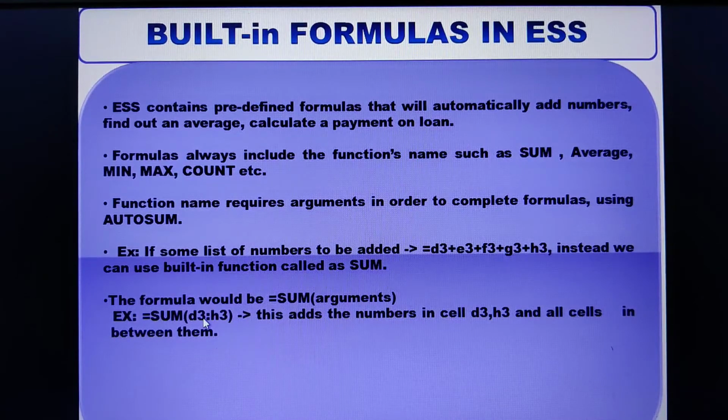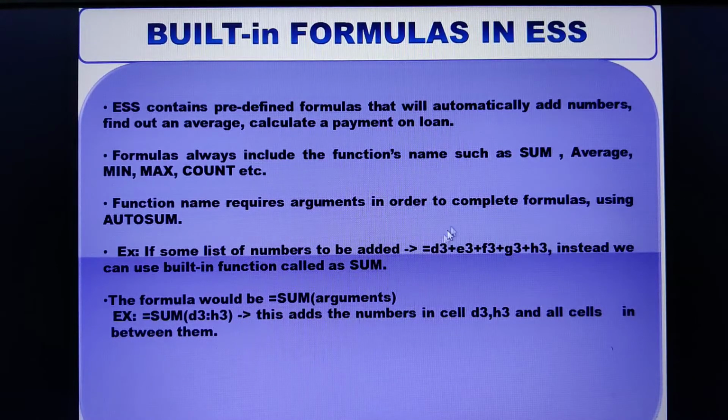One way is you can write D3, E3, F3, G3, H3, manually specifying all the cell numbers whose sum you want. Otherwise you can specify the range of cells. You can specify the range when you have a common row or a common column. When you look at this, you have a common row, right?